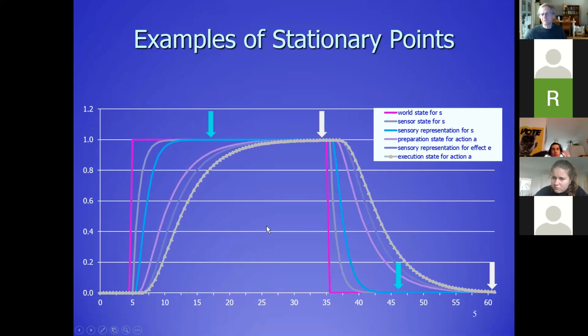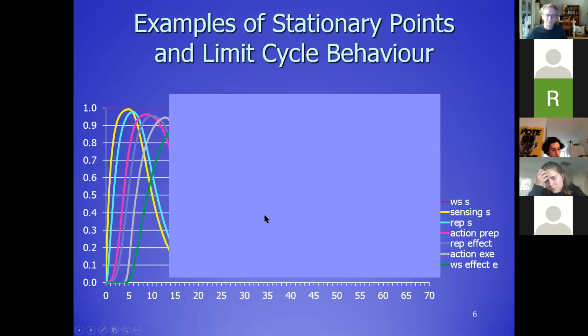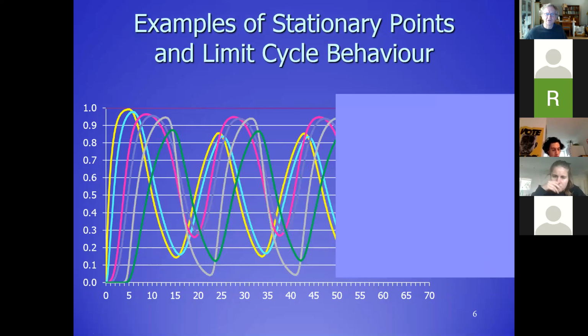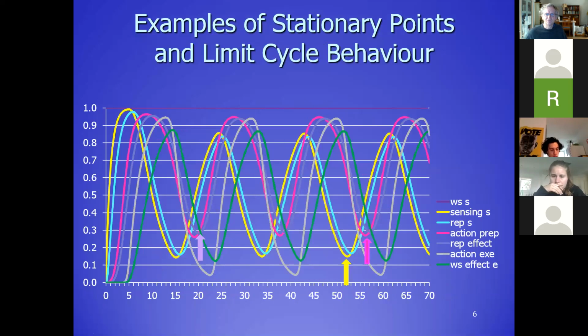Of course, if the model finally gets a kind of stable situation, then that's also a stationary point, because then all curves are flat. That's what you call an equilibrium. These are also examples in limit cycle behavior. So also for limit cycles, you can still do the stationary point analysis, because then you have all these tops and dips.